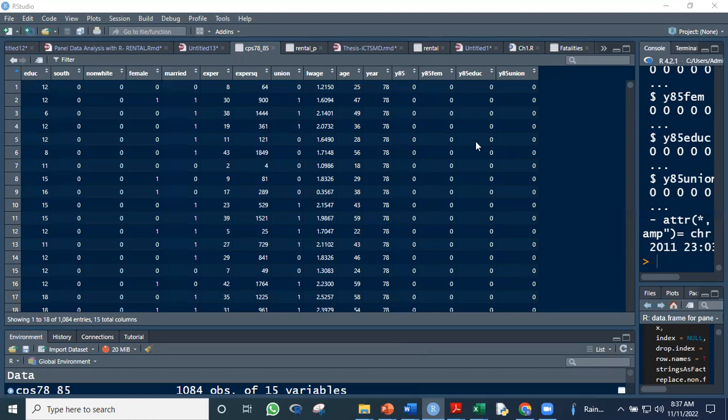Because we said we would like to convert this into a panel data. The year, we have. This is our time component. The problem is the individual. There's no variable here, for example, an ID, 1, 2, 3, 4, 5, 6 up to 542.